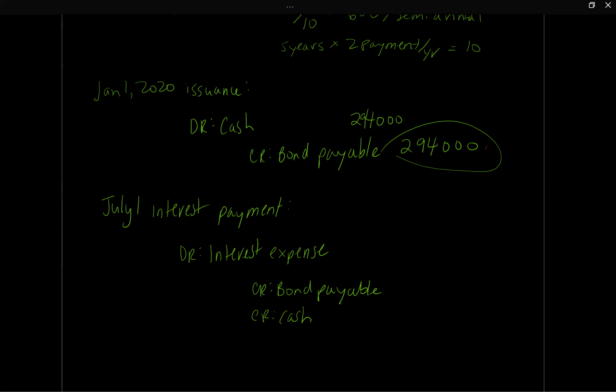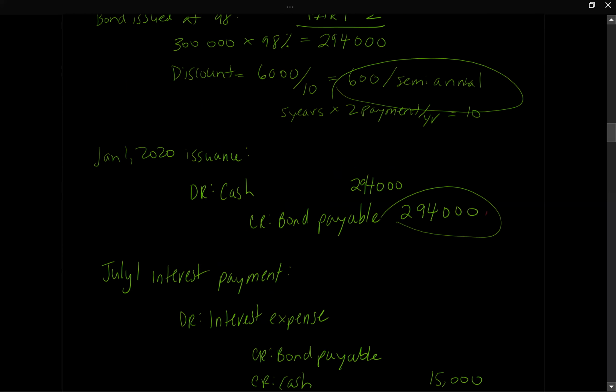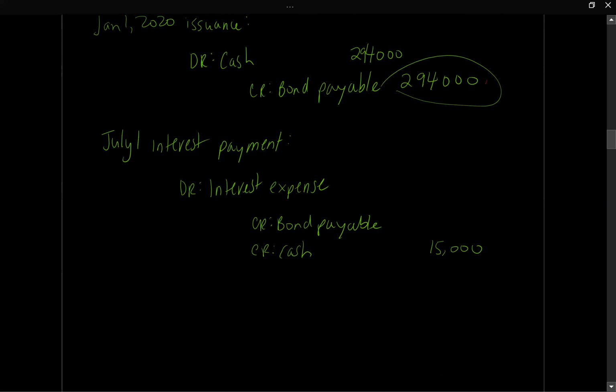So we know that the cash that needs to go out is $15,000. That hasn't changed because our bondholders need to be paid $15,000. We know that we just calculated up here that we're going to amortize $600 per period for the bond discount amortization. So we know we've got $600 there. And the interest expense is simply going to be the sum of those two things.